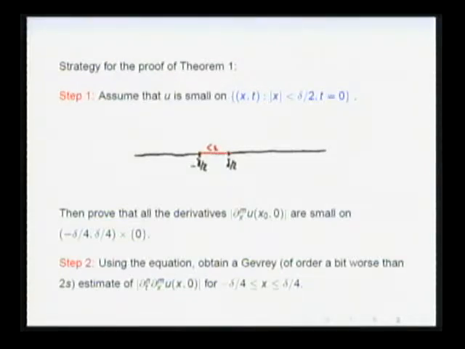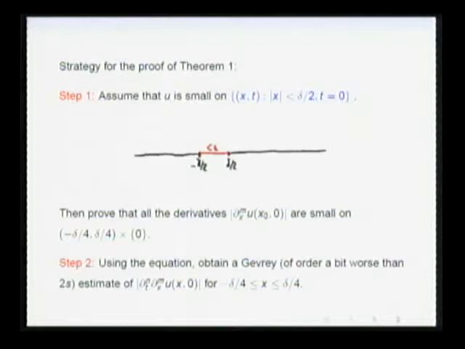In step 1, we assume that u is small on some interval for some fixed time t. Then you prove that all the derivatives are small as well. Of course, if a function is small, derivatives don't have to be small.